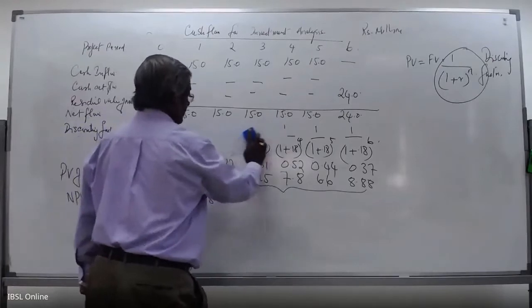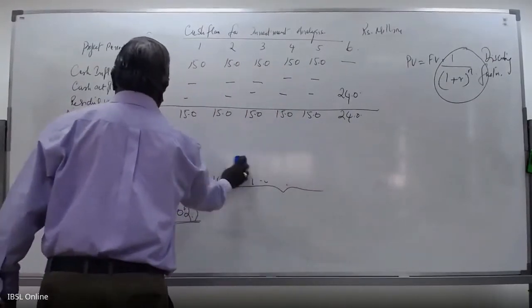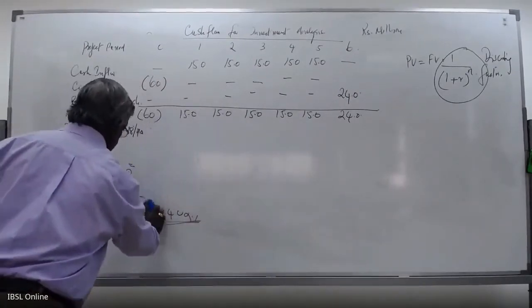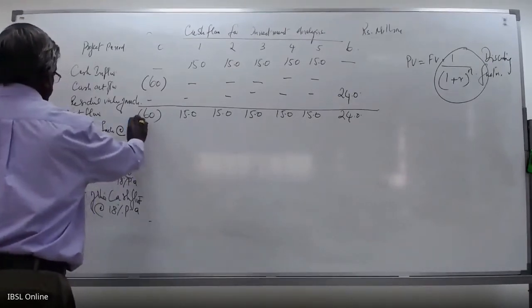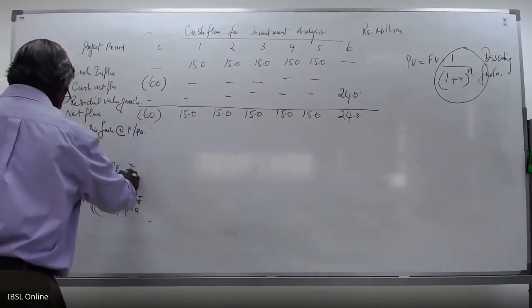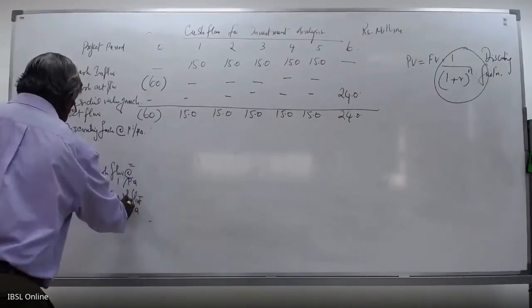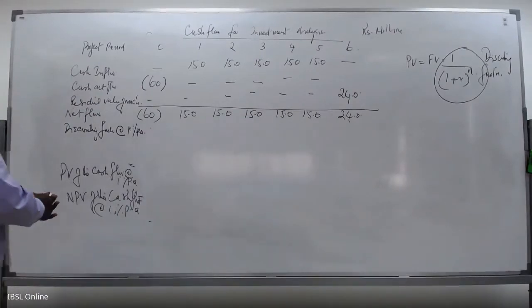Other things will be the same, but now this will be different. So this will become 13%, this will become 13%, and this will become 13%.